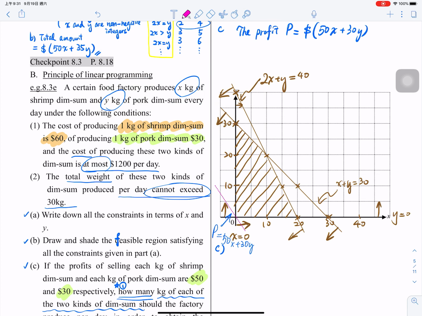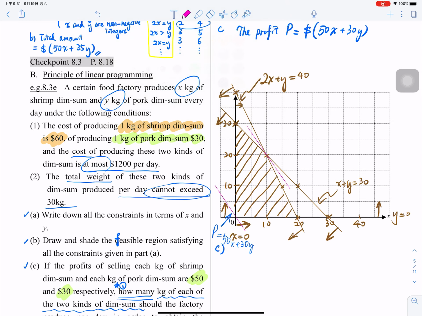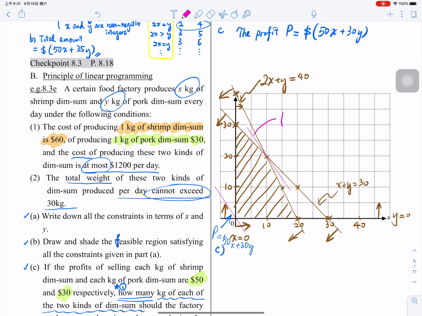So when you shift to here, that means from this shift to this one, and you found that this one is P1 equals 50x plus 30y.